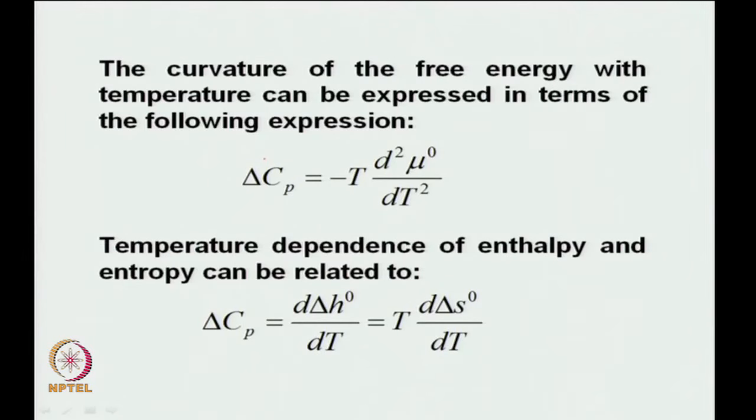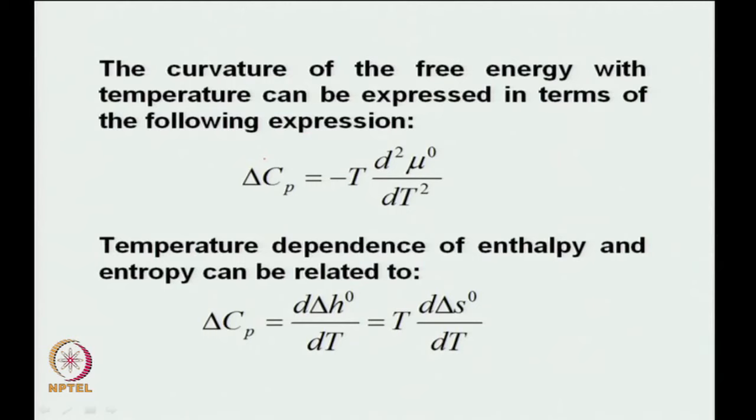If you remember your quantum mechanics, your harmonic oscillator potential, half k x squared, what was your k equal to? Your k was the force constant, but it was equal to d2 V over dx squared, where V is the potential, and d2 V over dx squared is essentially the curvature of your well.